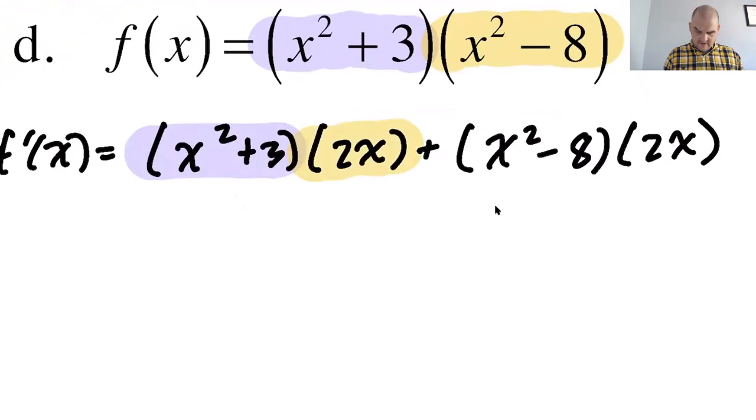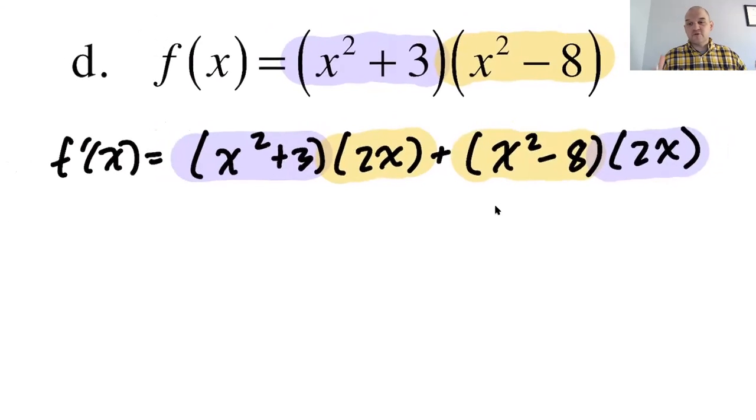Derivative of the second plus second. Wrong color. Dang it. Okay. Second, derivative of the first. Switching the colors is too hard. First times derivative of the second plus second times derivative of the first. Say it over and over.